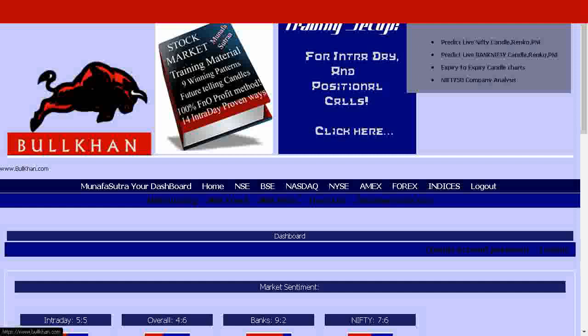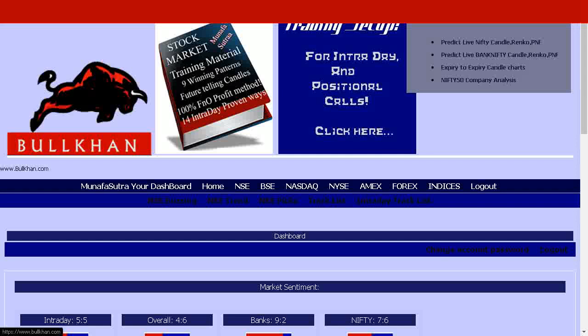As you can see, there is a small bar just under the bank nifty, overall, intraday. It has two colors in it, red and blue. Red color indicates poor sentiment, bad sentiment. Blue color indicates good sentiment.